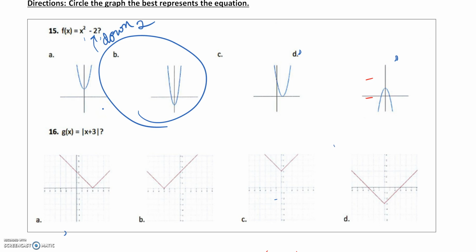So the reason why it went down 2 and not to the right 2 or left 2 is because when I look at this function, it's y equals x squared minus 2. And I could also rewrite this as y plus 2 equals x squared. So this 2 value I really associate with the y value.